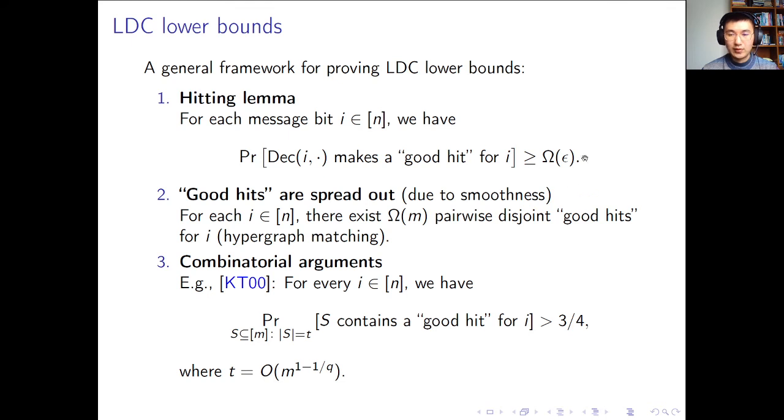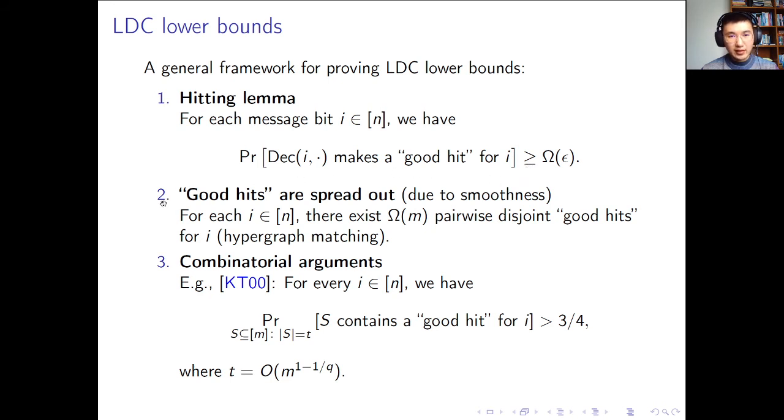Epsilon corresponds to the success rate of the decoder. So here, a good hit, intuitively, means that it's a query, and the query basically contains a non-trivial amount of information about the ith message bit, xi.